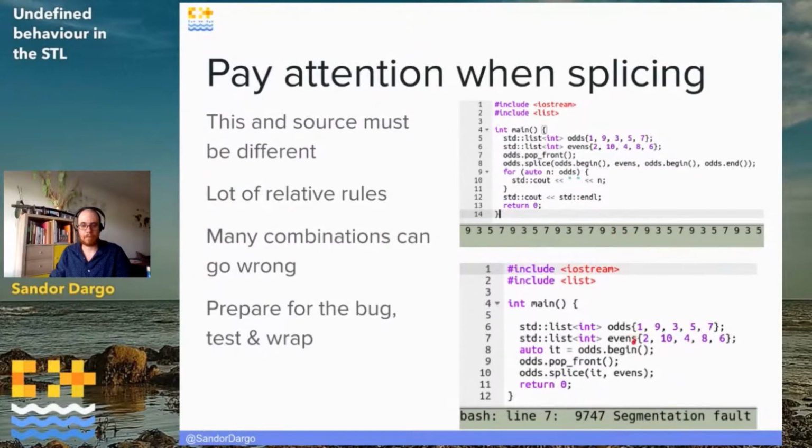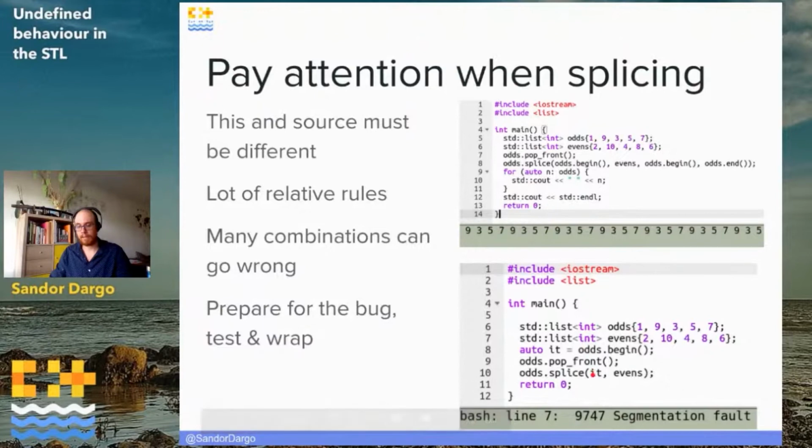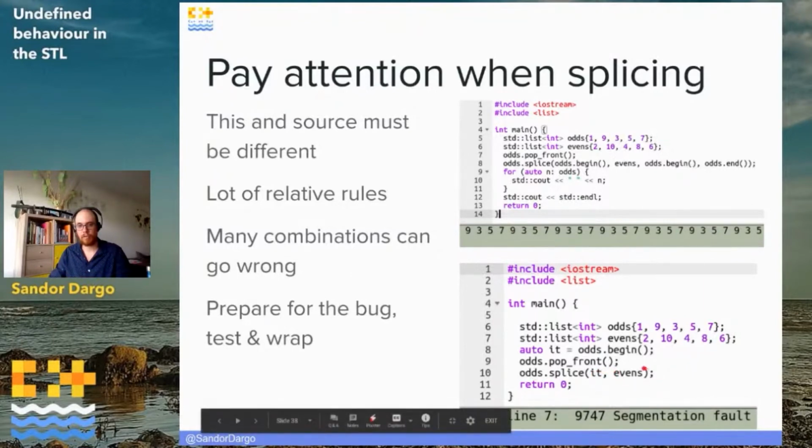In this other example, what did we do? We invalidated this iterator. This is, I would say, the simplest signature of splice. You call it on a list, you pass it an iterator at the position where you want to insert elements from this other list.